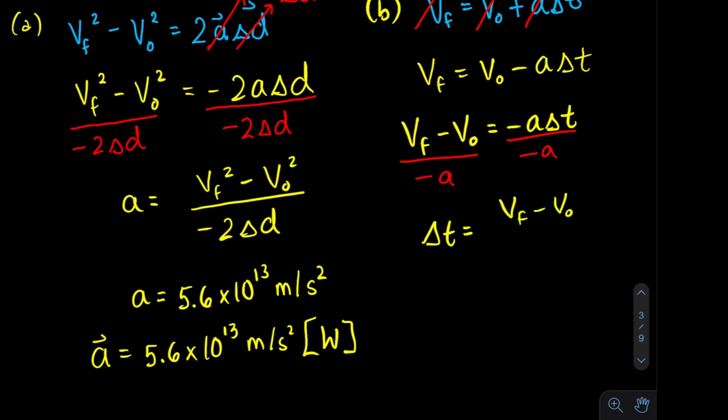So this gives us that the time interval equals v final minus v initial divided by negative a. Putting in your values, you should get approximately 9.39 times 10 to the power of negative 8 seconds.